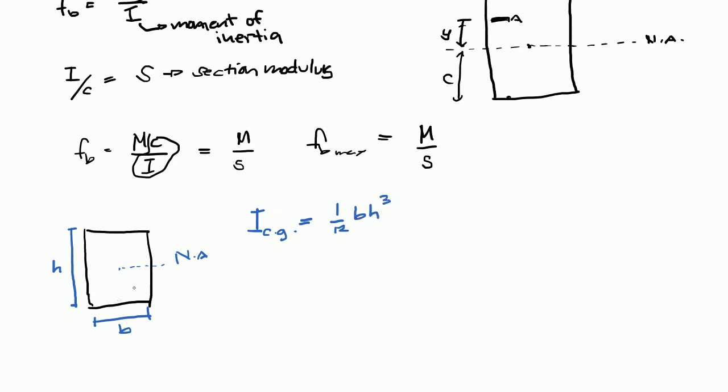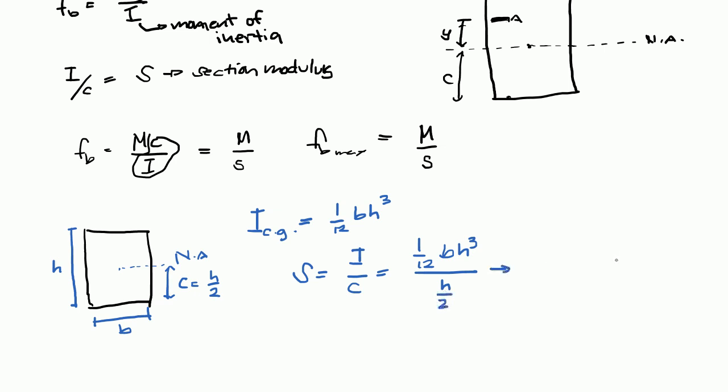Now, yung C, kapag rectangular section, yung C sa bottom at C sa top, that would be equal. So, it doesn't matter kung fiber sa top o sa bottom kukunin mo. Yung C nito, this is H over 2. It follows na yung S is I over C, which is 1 over 12 times BH cubed over H over 2.